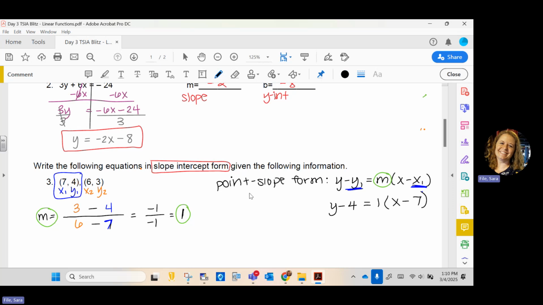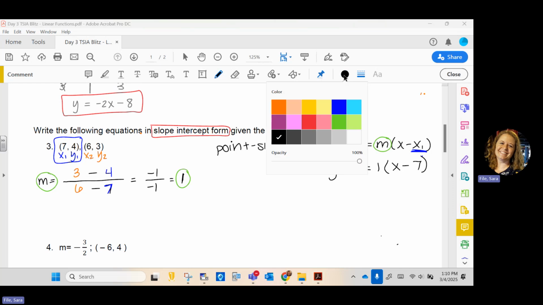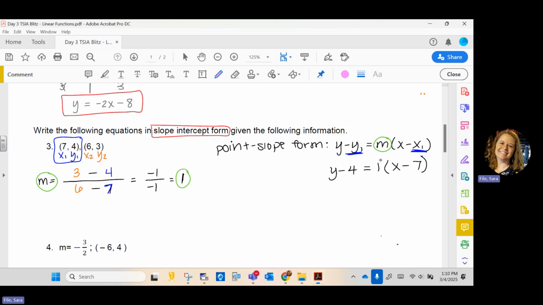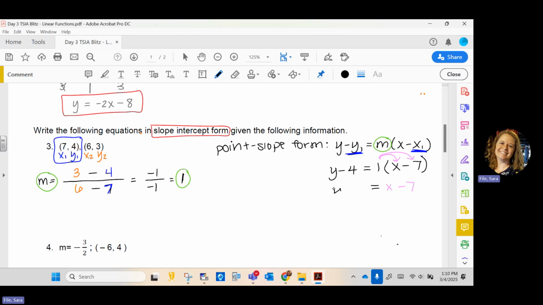So then it just becomes solving for y, because we want it in slope-intercept form. Well, if you have a slope, you want to distribute it to the terms in the parenthesis. But here, that's just a 1. Is multiplying by 1 going to change anything? It's not. So that's just going to be x minus 7. Okay, so we've got y minus 4 equals x minus 7.